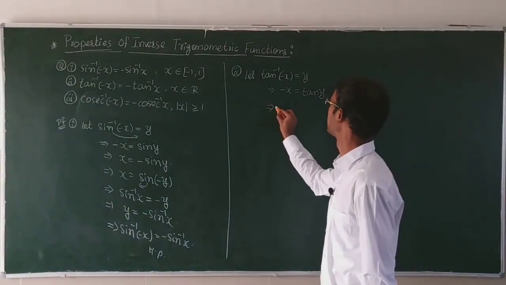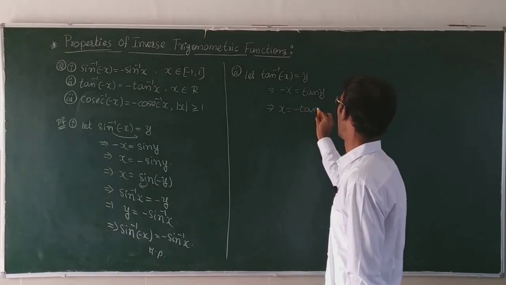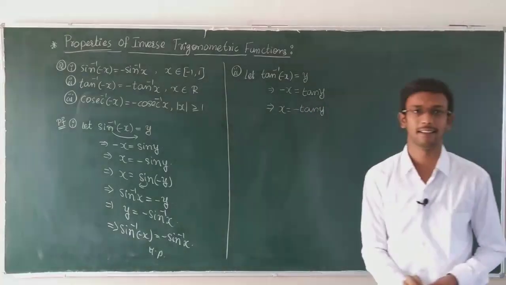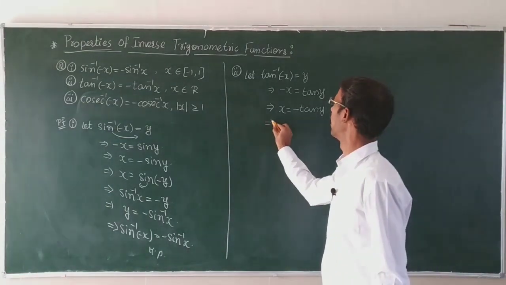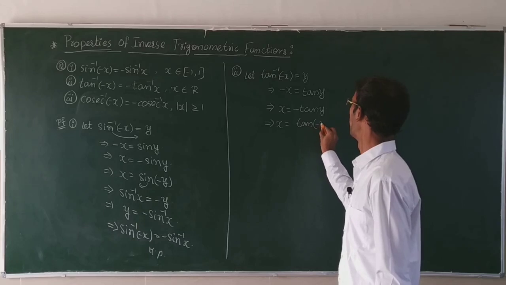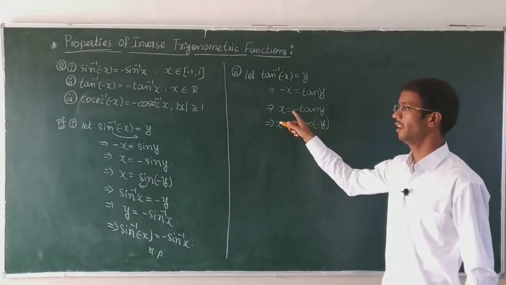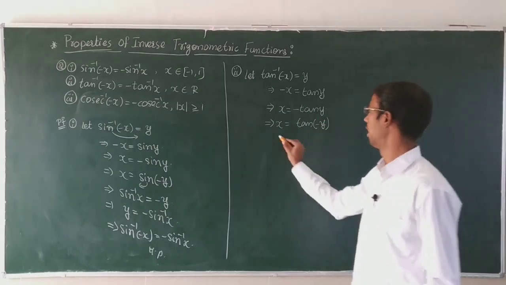This implies x is equal to minus tan y. X is equal to tan of minus y. You can write this because tan of minus theta is minus tan theta.